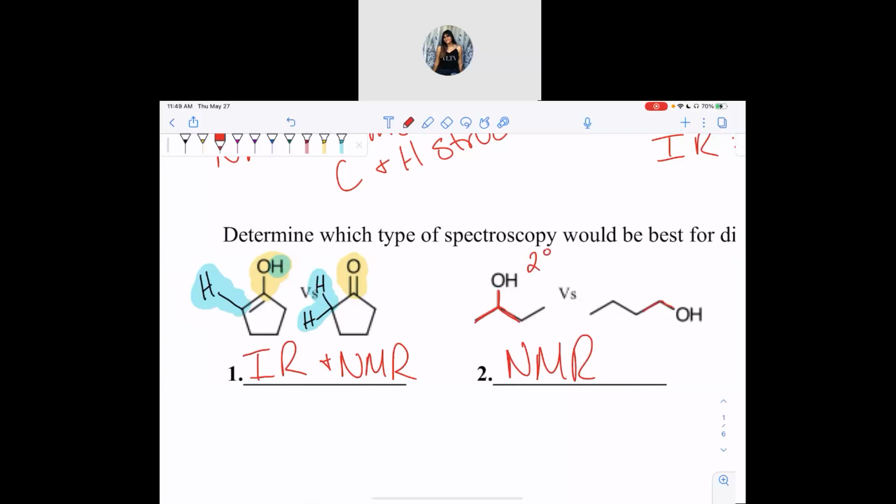And this one is attached to one carbon, so that is primary. The only difference between these two is how the functional groups are connected. We have one alcohol and four carbons, one alcohol, four carbons. It's just a difference in how they're stuck together. So that's why it's only NMR and not IR.